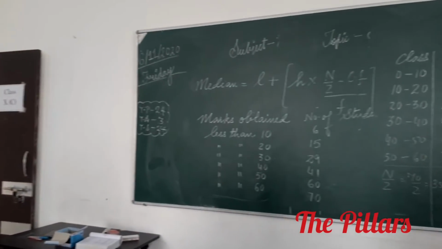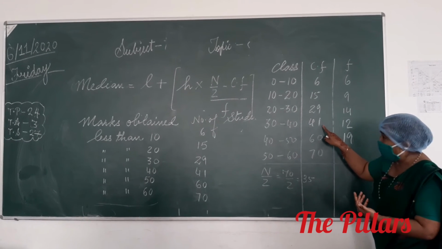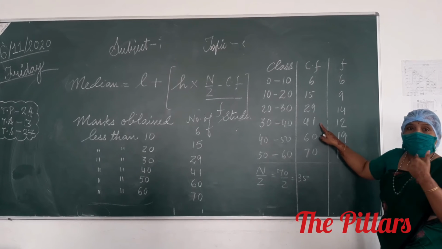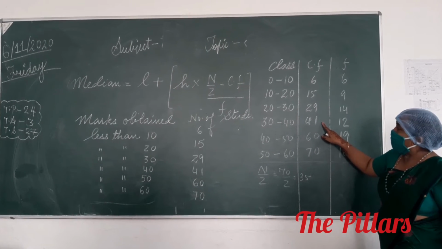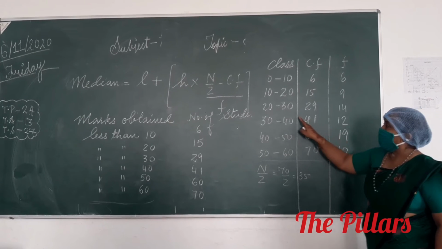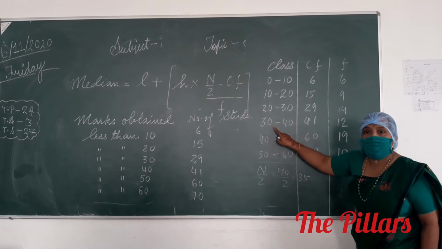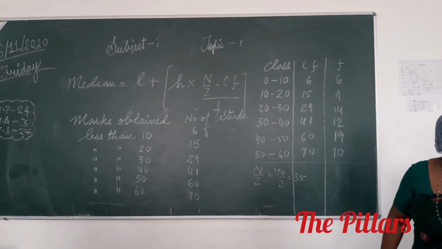Atul, is it clear? Yes. Why did you say 41, beta? More than 35 will lie here. Okay, maybe I was not able to hear. So it will lie in this. That means which class interval is the median class? 30 to 40. Sit down. Then what will you write? See, these are the steps you should write.